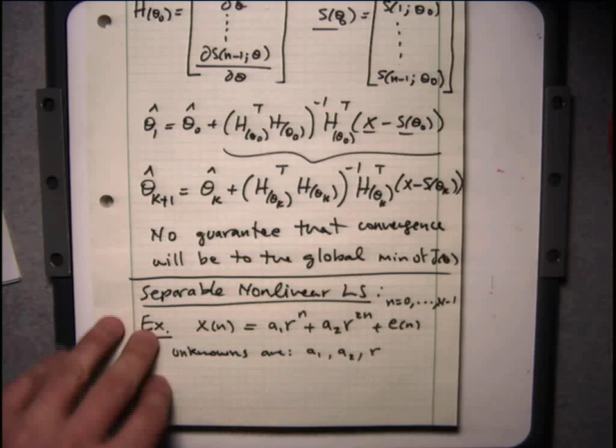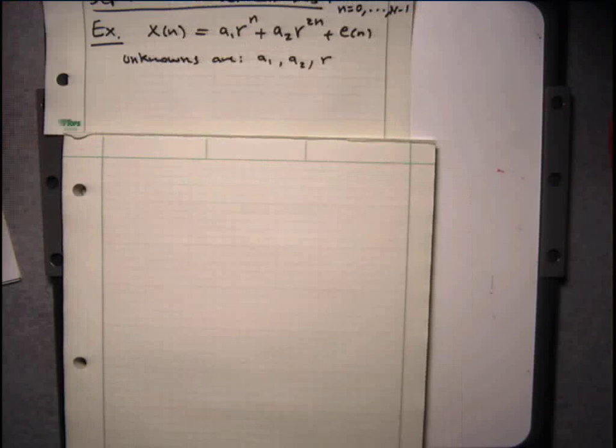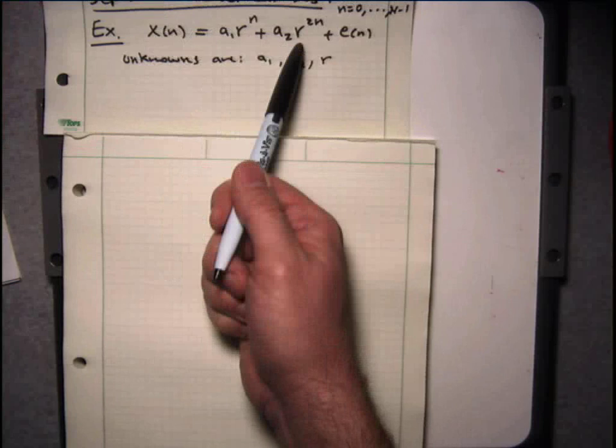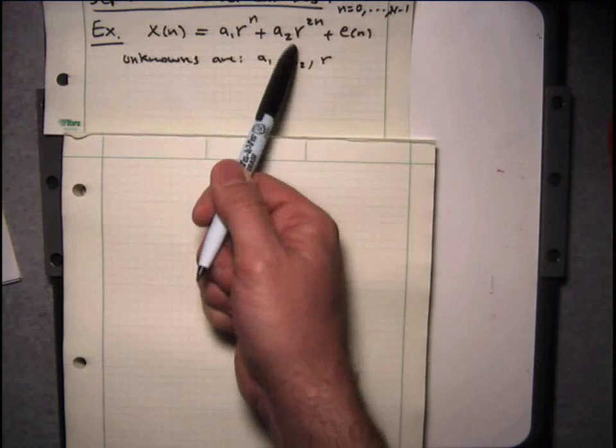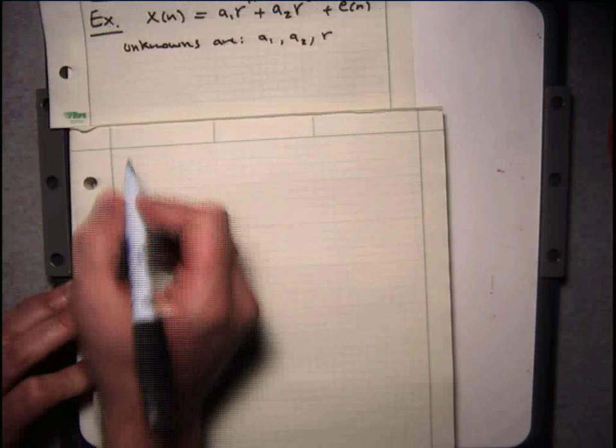So let's see, how does this give us a particular type of least squares problem? Obviously, this is nonlinear, because if only A1 and A2 were unknown, it would be a linear problem. We've done this before. But because r is also unknown, it's a nonlinear problem. So let's see how we can write this.